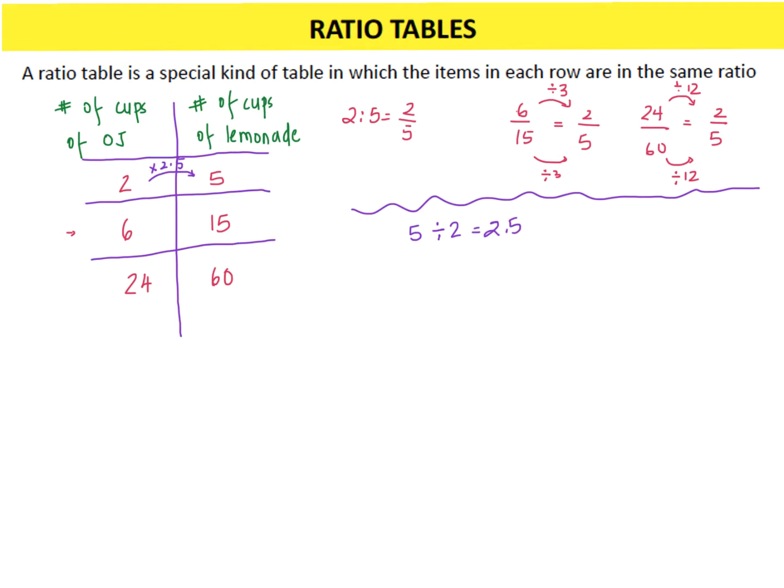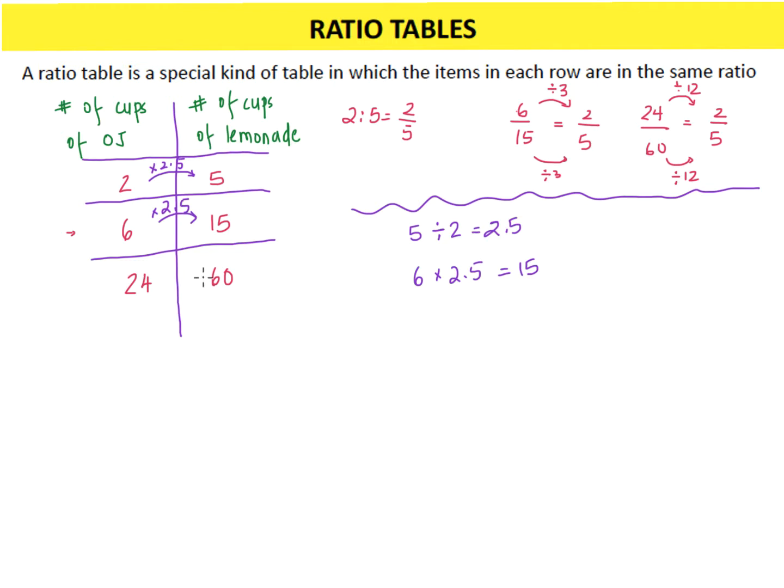Let's see if that works for the next row. What happens when you multiply 6 by 2.5? 6 times 2 is 12, and 6 times half is 3, and together it's 15. So that works. What if I now wanted to go from 60 to 24? Think about it.